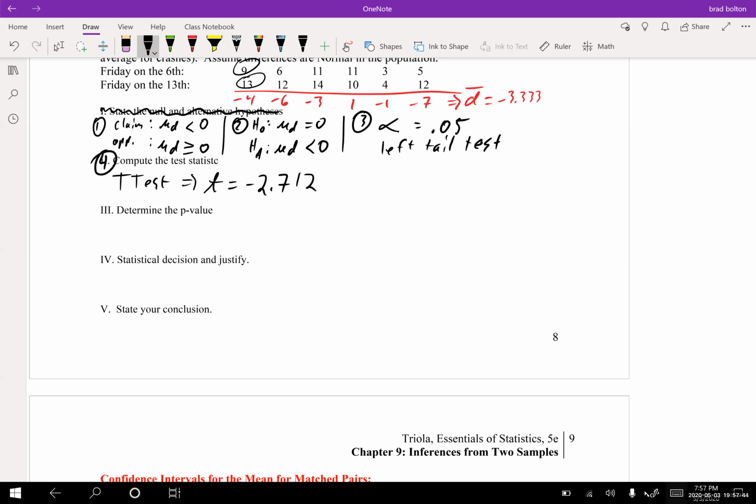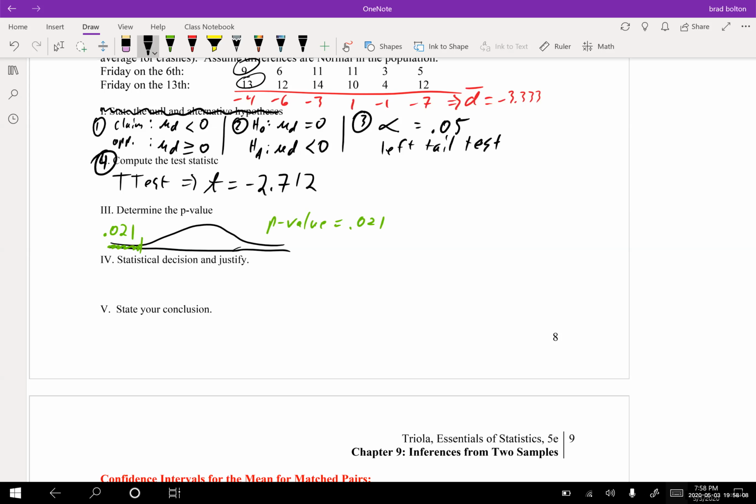Okay, so we get that, determine our p-value. But so this is negative right here. p-value on the calculator says 0.021. Okay, so p-value equals 0.021.